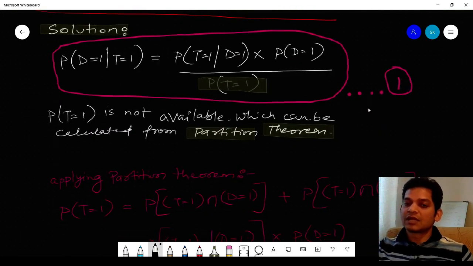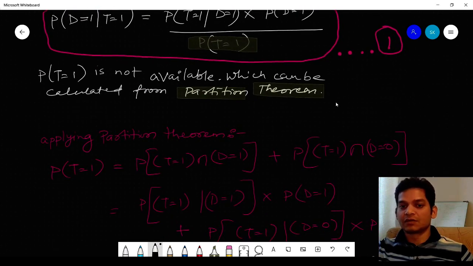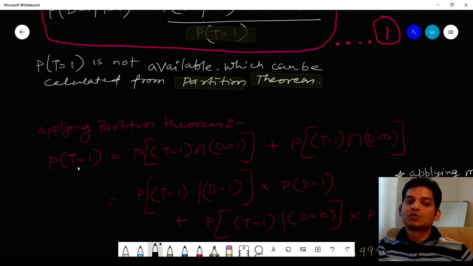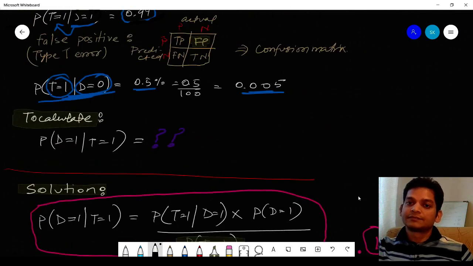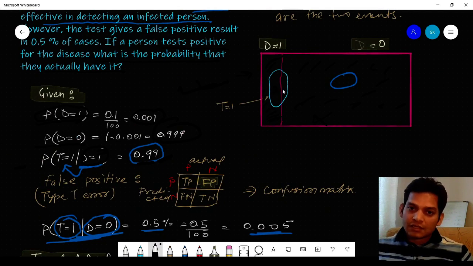As we discussed in the last slide, P of T is equal to 1 is not available, but it can be calculated through the partition theorem, which we have seen. So P of T is equal to 1 is the union of, if you see in the Venn diagram, this area and this area.